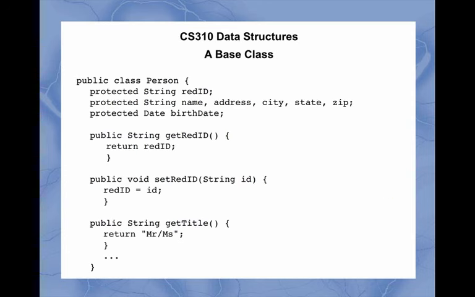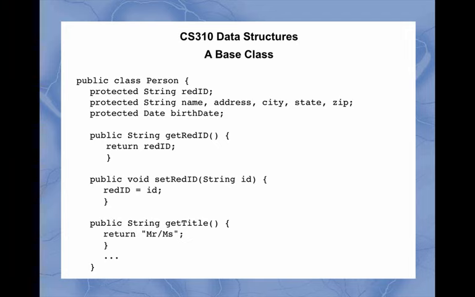So here's a simple example base class. Again, if we restrict this discussion to SDSU people in the chart we just saw, there are certain properties that all SDSU people have, whether they're students, employees such as staff, groundskeepers, janitors, or professors. Everybody has a Red ID.